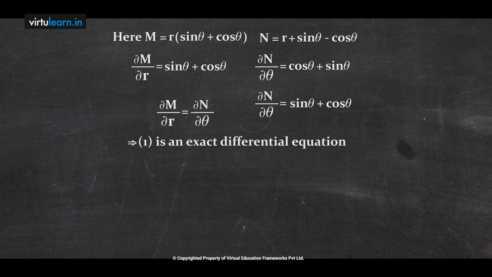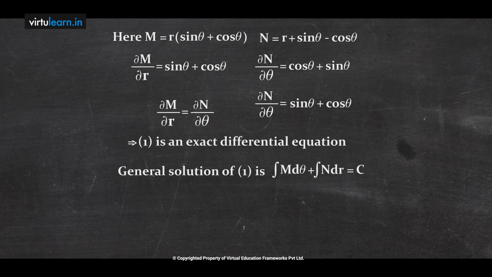According to the exact method, the general solution of the differential equation is integral M d theta plus integral N dr equal to c. Now I am substituting the M and N values: integral r (sin theta plus cos theta) d theta plus integral (r plus sin theta minus cos theta) dr equal to c.